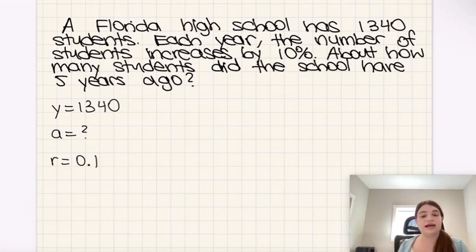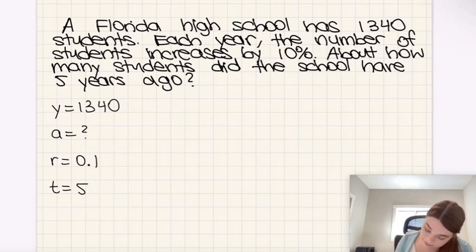Because 10% as a decimal is 0.1. And the time is 5 years, so t is equal to 5. And again, in this case, we don't have to convert anything with respect to time, because the increase is per year, and the units they gave us for the time was 5 years ago. And so therefore, we can just keep these as is.